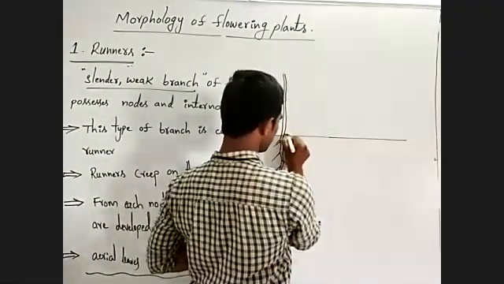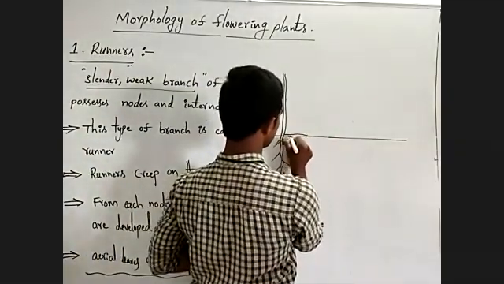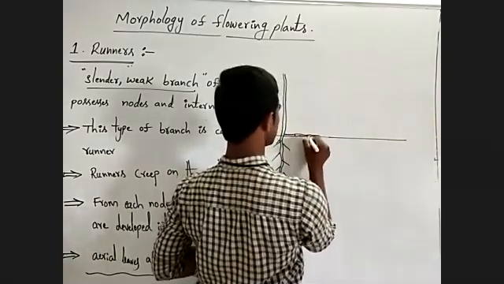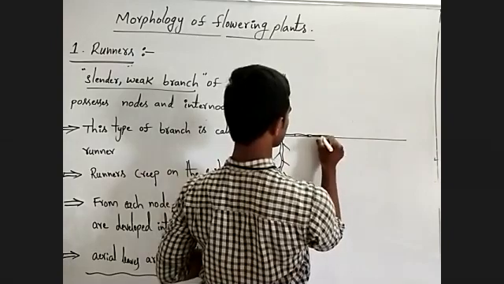Slender lateral branch is developed and creeps on the soil with nodes and internodes.